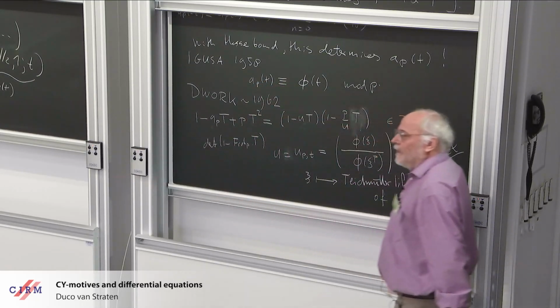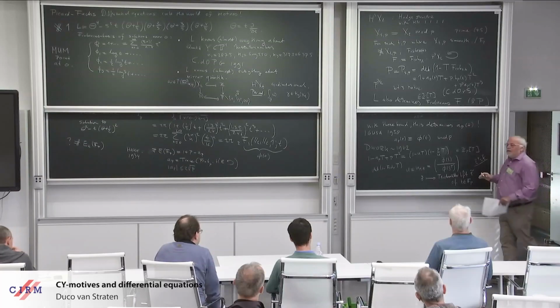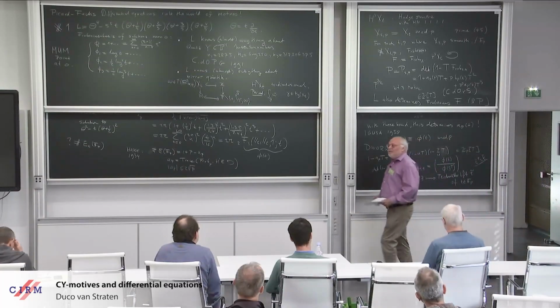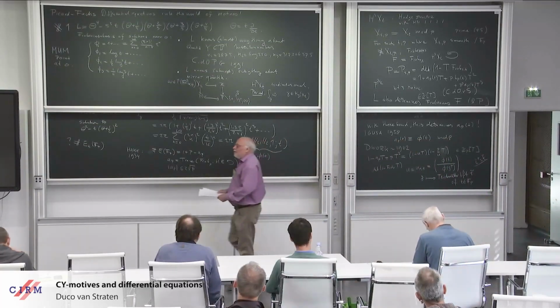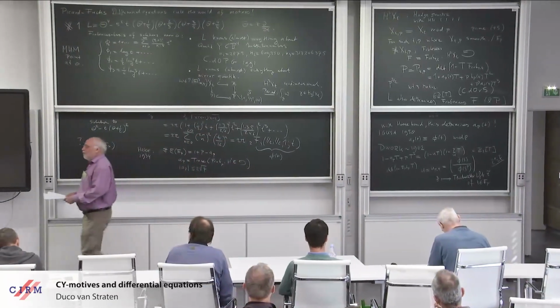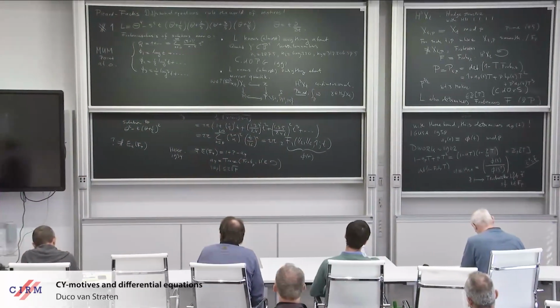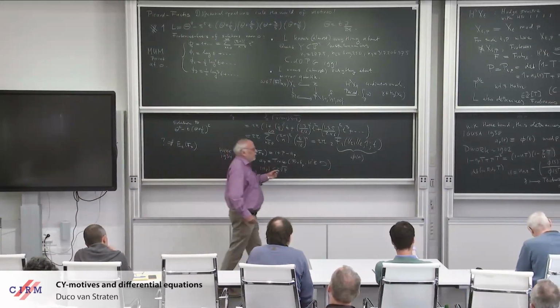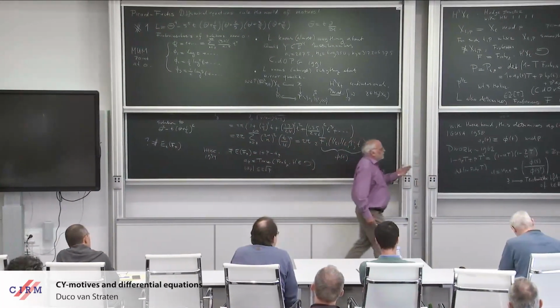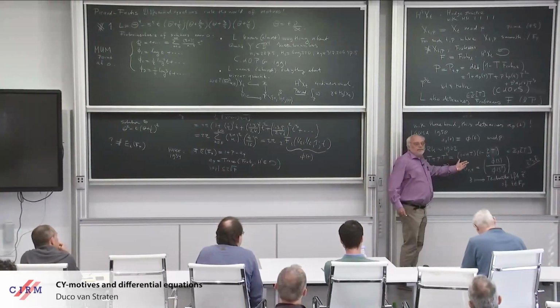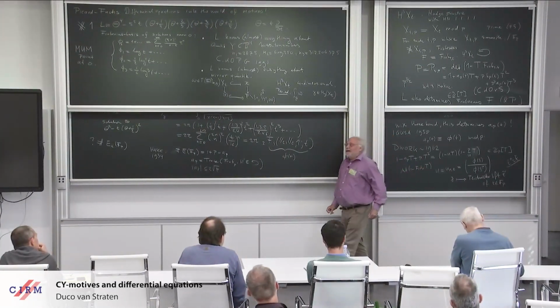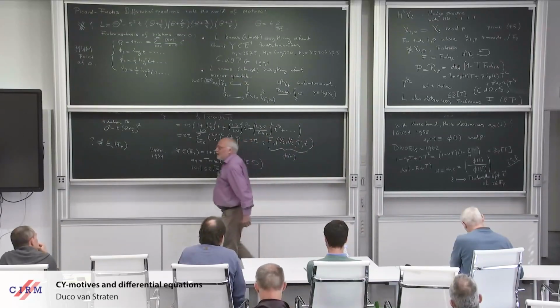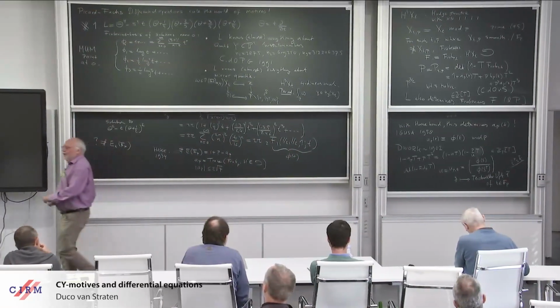So this is the way Dwork gave his famous unit root formula for the coefficient a_p. I give it here for historical reasons because there are better formulas. But I also want to give it because what I'm going to explain is best understood as a generalization of this.